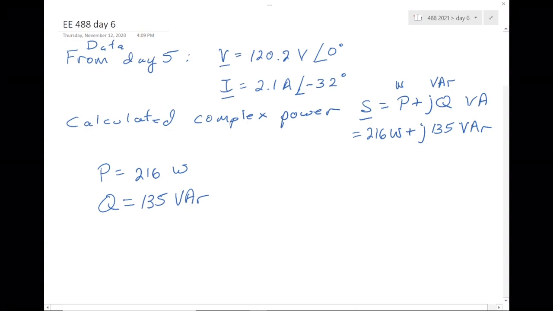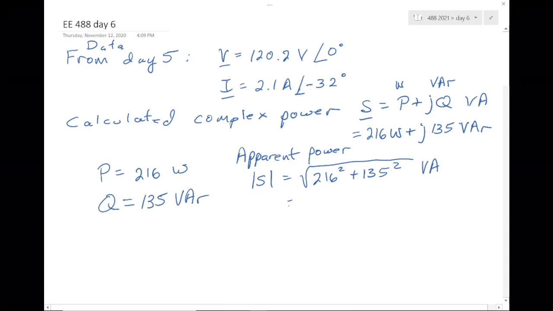We can also put a magnitude on this, so the magnitude of S, which we call apparent power, is equal to the magnitude of that vector, so we can do a calculation if we need to. 216 squared plus 135 squared, square root of that.